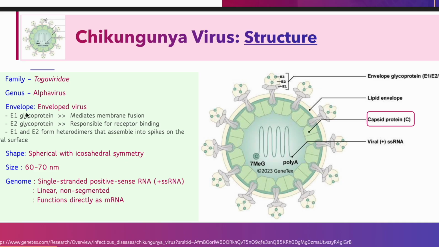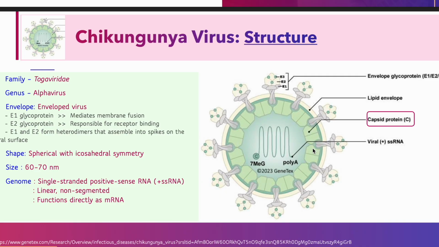The important role of E1 is that it is a membrane fusion protein, and E2 is the receptor binding protein. E1 and E2 are on the surface of the envelope and form heterodimers like in this picture.